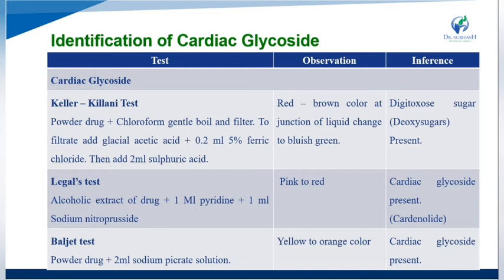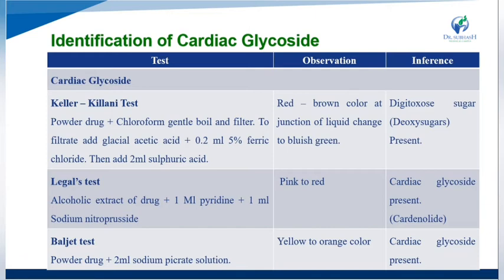First we take the powdered drug, add chloroform, boil, and then filter. Collect the filtrate and add glacial acetic acid, 0.2 ml of 5% ferric chloride, and further around 2 ml of sulfuric acid.